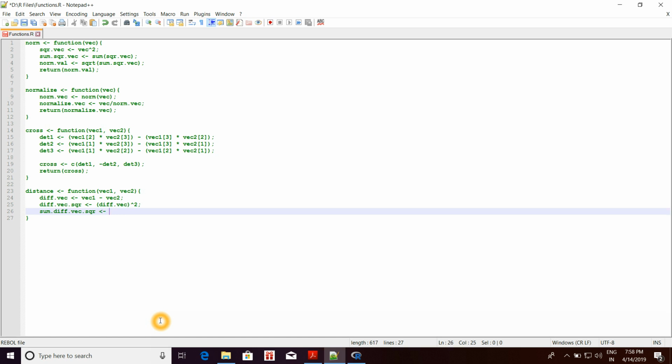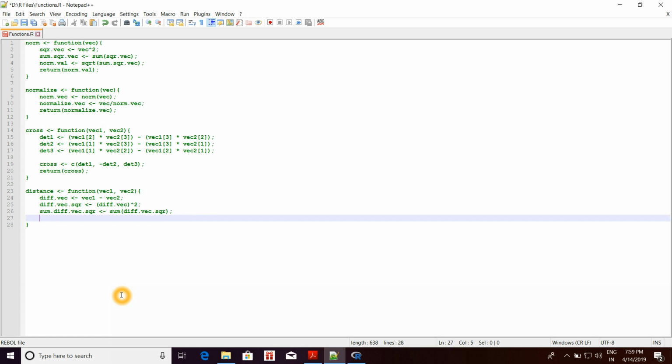In order to make it understandable in future, I am writing the variable names a little bit elaborately. You can ignore that; you can have your own variable names according to your suit. So it will be the sum of difference dot vec dot square, and then we have to take the square root of it.